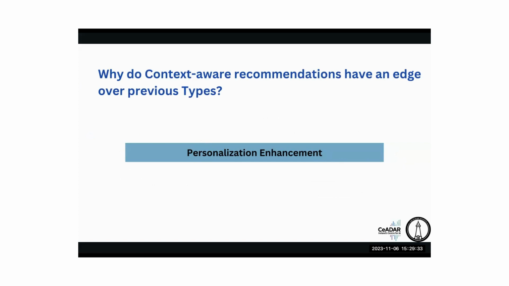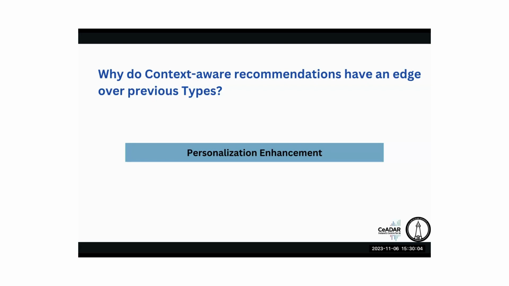In our previous ones, like collaborative filtering, content based filtering or hybrid based filtering, we don't have enough personalized engagement or personalized enhancement. But in the context aware recommendation system, we combine all this information with real-time information like locations or the environment, which are tailored to specific users.